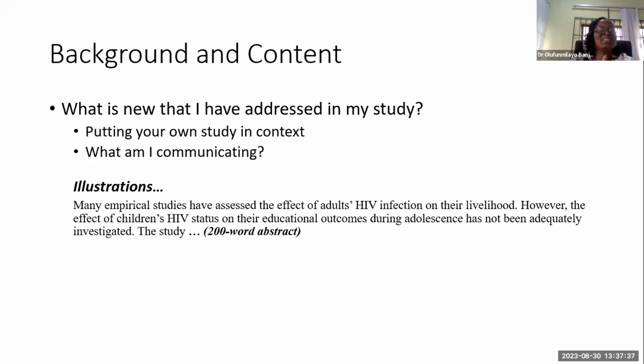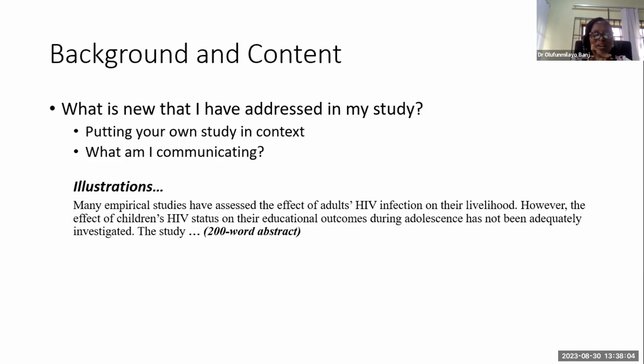What is the new thing you are trying to bring in? Or what are the gaps in the previous studies, and how do you intend to fill that gap? That must be clearly stated in your own study. What am I communicating? These are pertinent questions you need to ask yourself when you are writing an abstract, especially the background and the content.